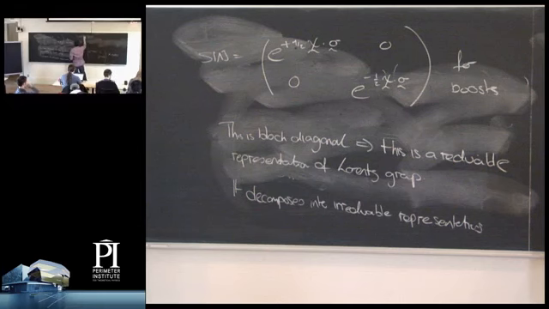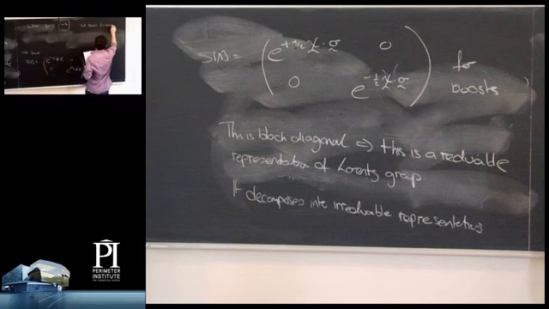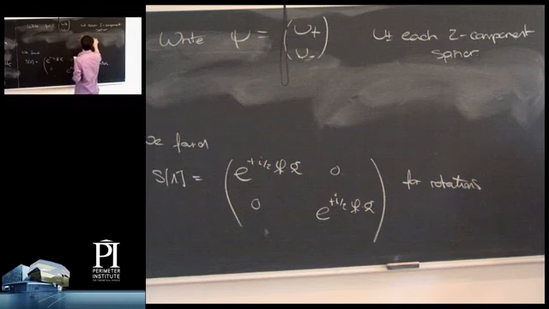Okay, so if we take our 4 spinor psi and write it in terms of two spinors, each a 2-component spinor. And these have a name. These are called Weyl spinors.